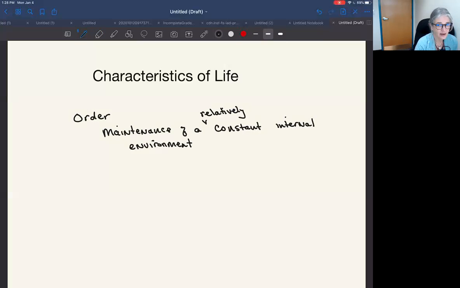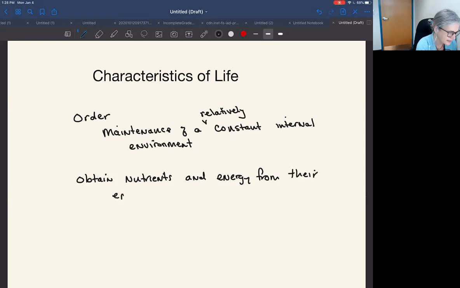Another characteristic of living organisms is that they have the ability to obtain nutrients and energy from their environment. This is really important because in order to maintain order, we have to use energy.